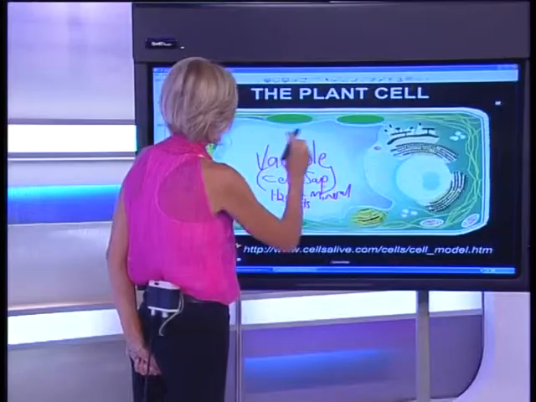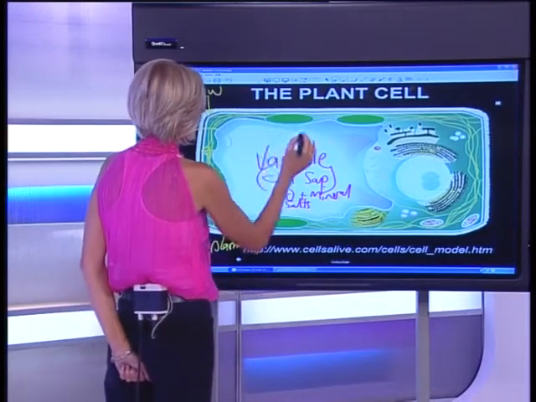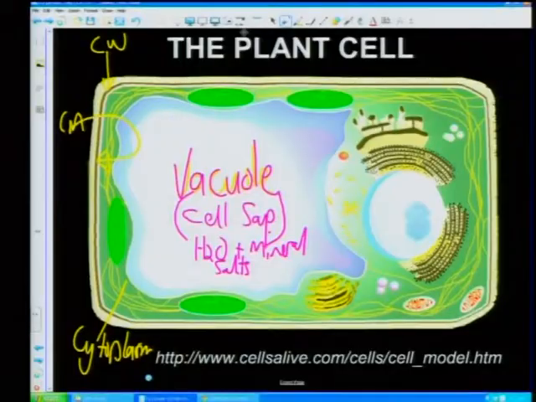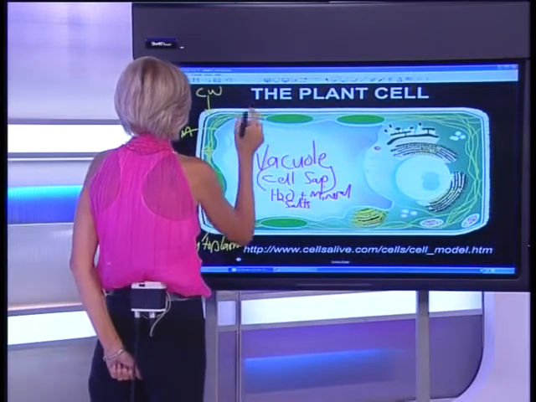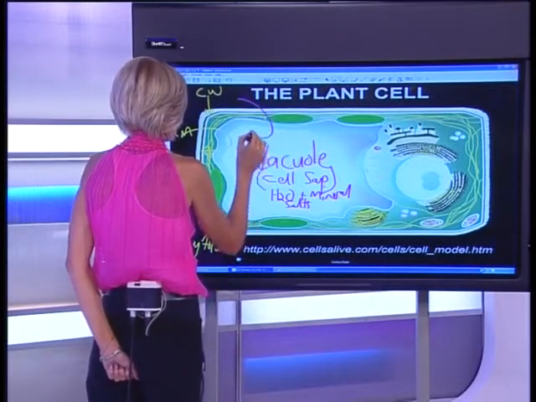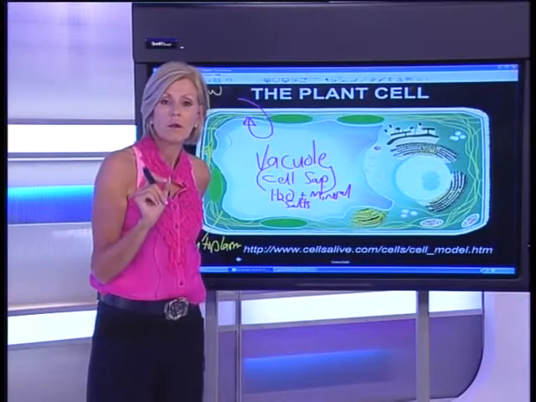Now, around the outside of a vacuole is the tonoplast. So this membrane on the outside here, I'm going to do it like this. That membrane is also partially permeable, all right?